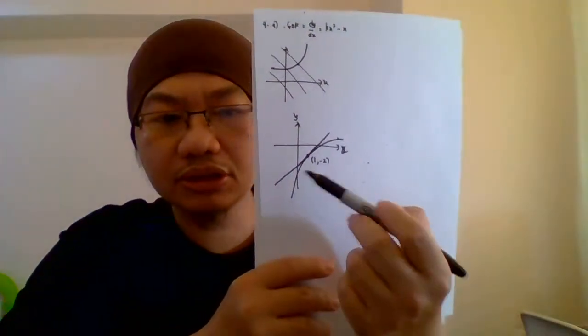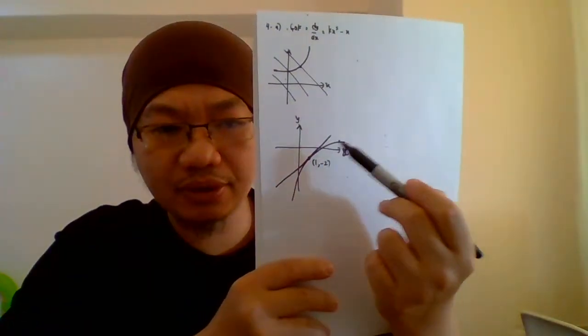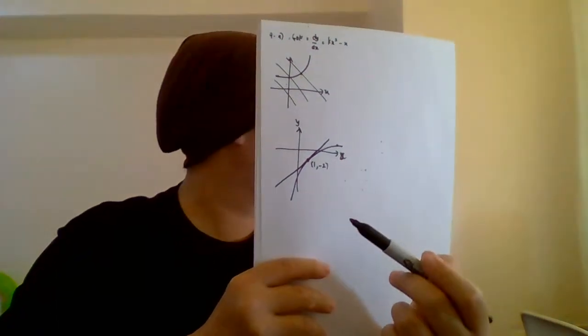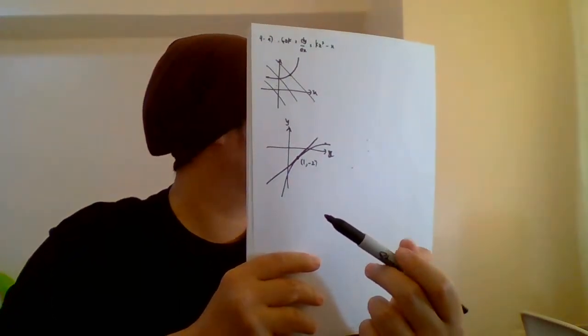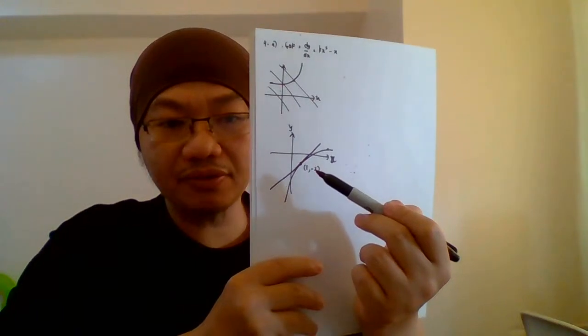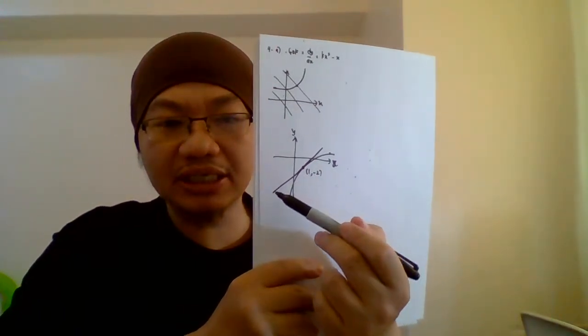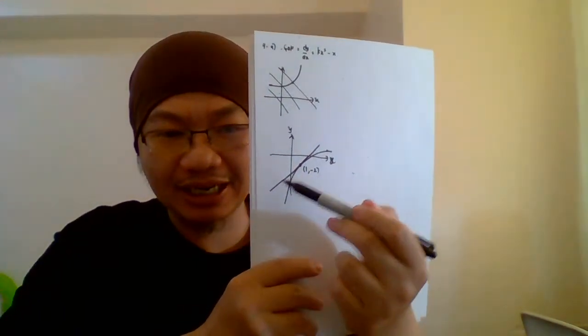Okay. Let's say I have this kind of graph. One, negative 2. Okay, guys. So I have a curve, and then I got a point, a point 1, negative 2. This point is a tangent to the straight line here.